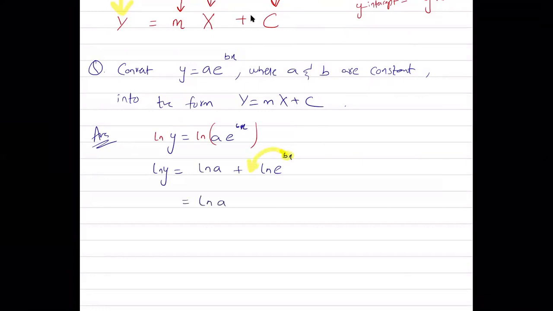So ln a plus bx ln e. Bx times ln e. Then what? Is it just going to be bx? What is ln e? Is it 1? Yes, it is 1. So the equation turns out to be ln y equals bx plus ln a, right?